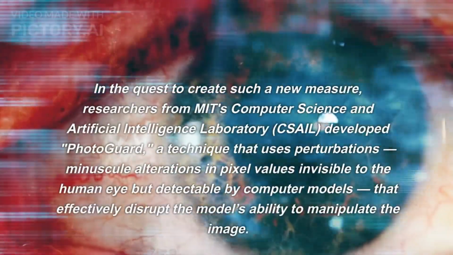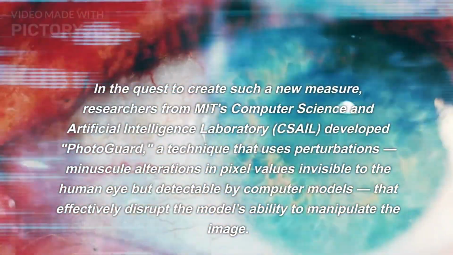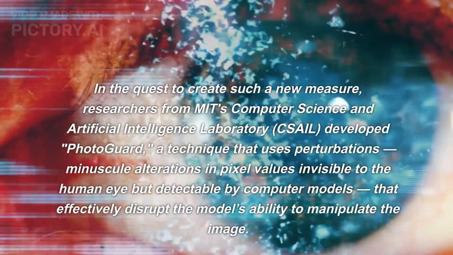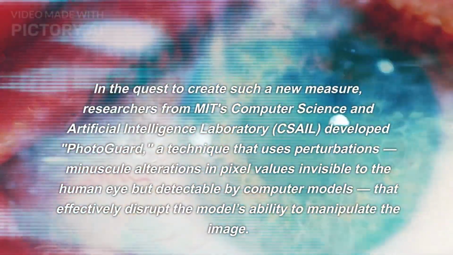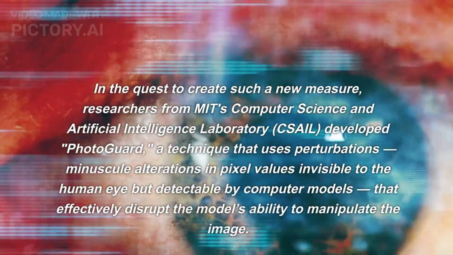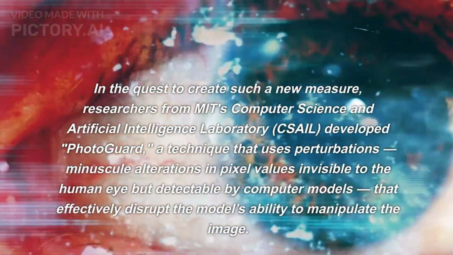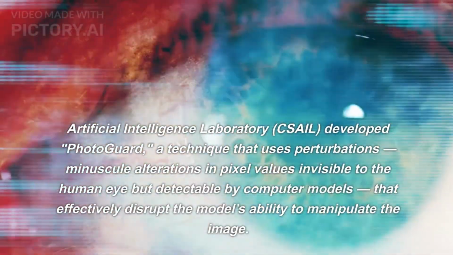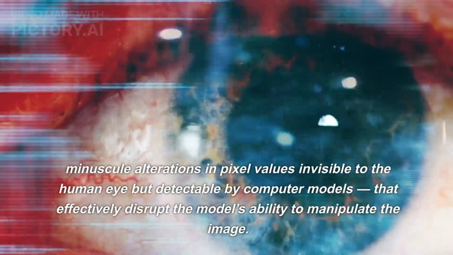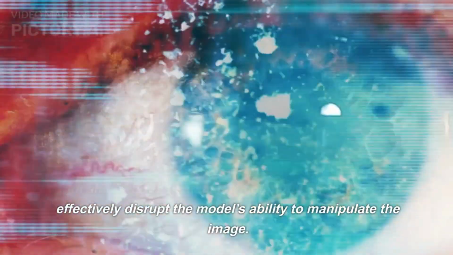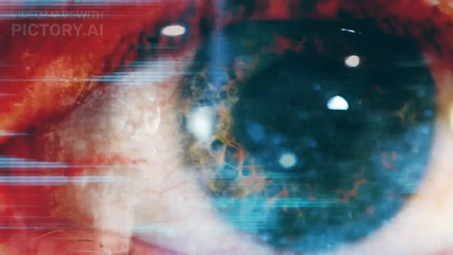In the quest to create such a new measure, researchers from MIT's Computer Science and Artificial Intelligence Laboratory (CSAIL) developed PhotoGuard, a technique that uses perturbations, minuscule alterations in pixel values invisible to the human eye but detectable by computer models, that effectively disrupt the model's ability to manipulate the image.